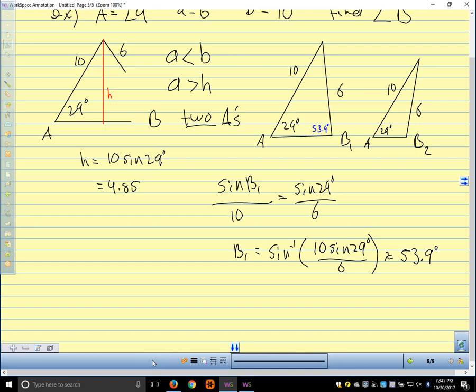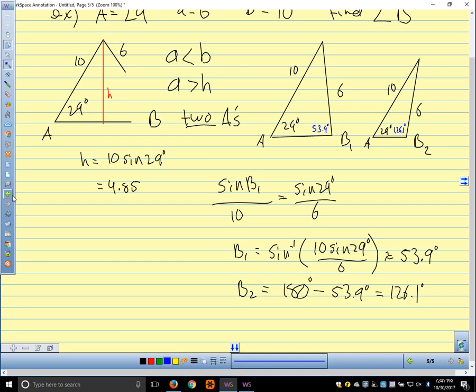And then the other possible angle B, B2, is 180 minus 53.9, and that comes out to be 126.1 degrees. So this angle would be 126.1 degrees. And then we could find the other possible angle C and the other possible side C. Why is it 180 minus 53.9?